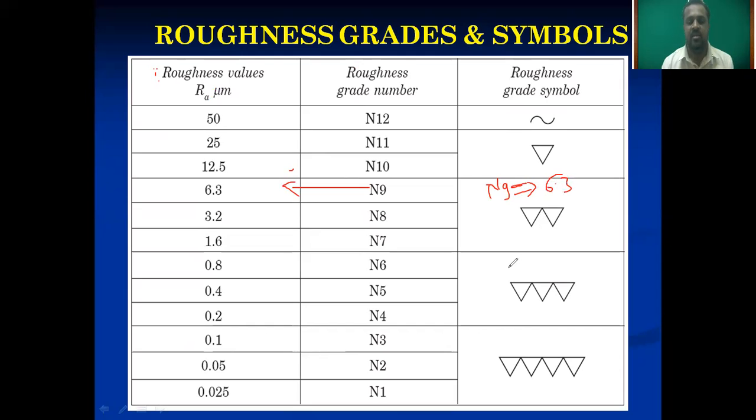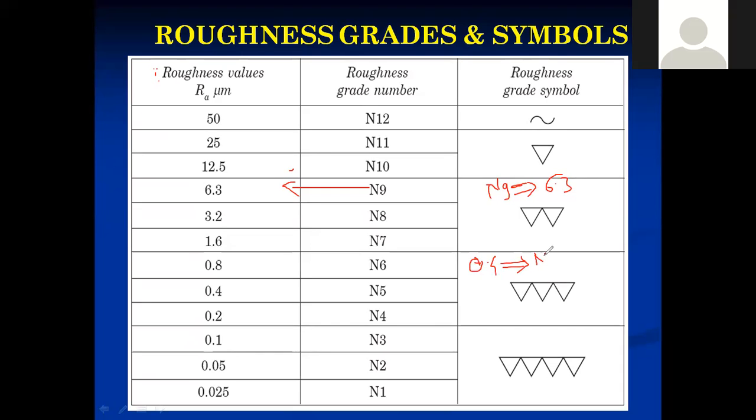In another type also they will ask the question. Sometimes they will give the surface roughness value: what is the surface roughness grade for the 0.4 surface roughness value? Yes, N5.